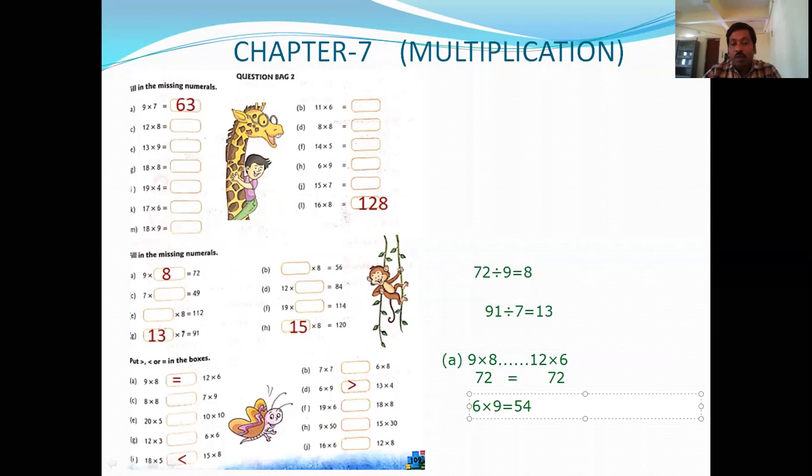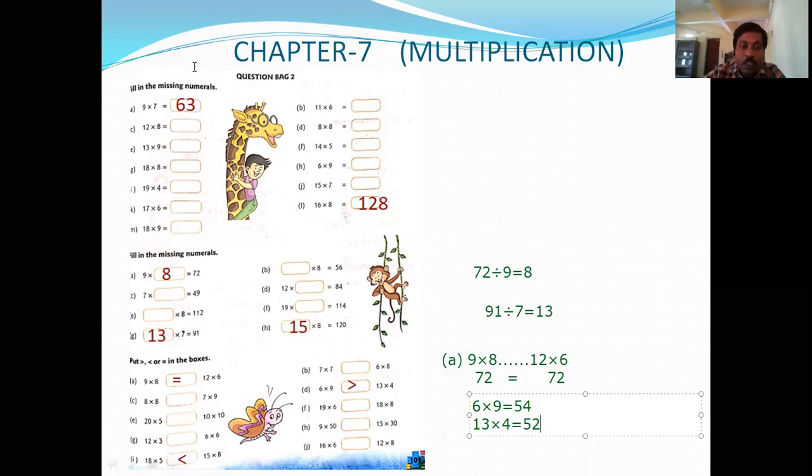And when we multiply 13 into 4, we get 52. So 54 is greater than 52. Then we will insert the sign which represents that the left side number is greater than the right side number. In the same way, we can solve this type of question.